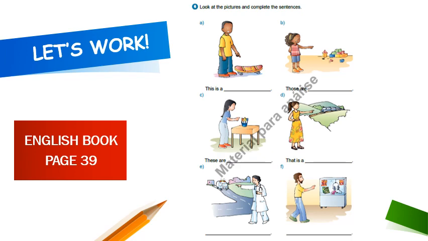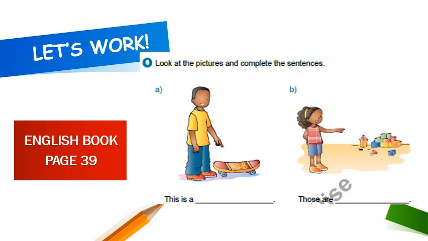Let's work, students. Look at the pictures and complete the sentence, okay? English book, page 39. We are going to do together. Letter A. What are these? This is a skateboard.